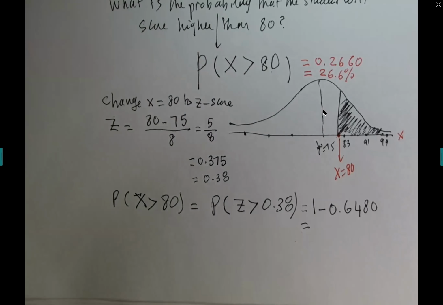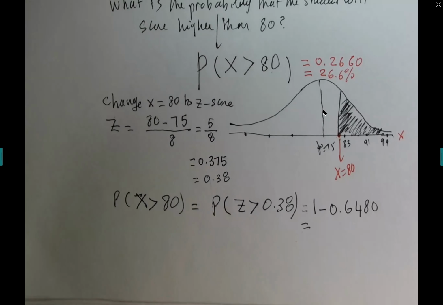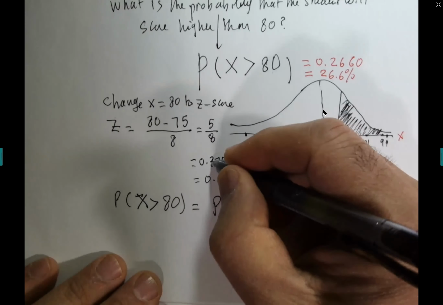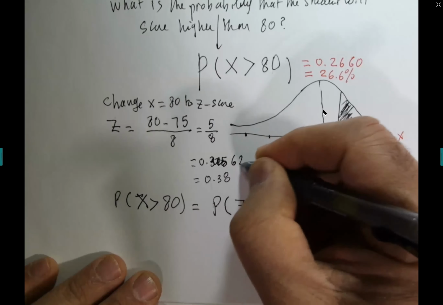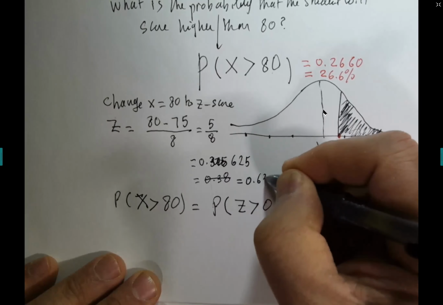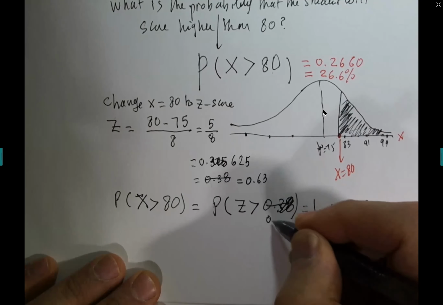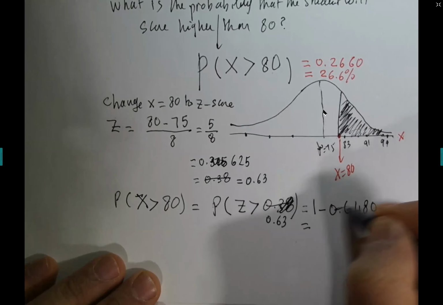Oh, 5 over 8. I made a mistake. It's me. 5 over 8 is not 0.375, guys. Nobody corrected me on this. It's 0.625. Sorry. I was wondering why there's no match between the two answers. That's impossible. They should match. So it will be 0.63 here, guys. And now we need to change the answer.